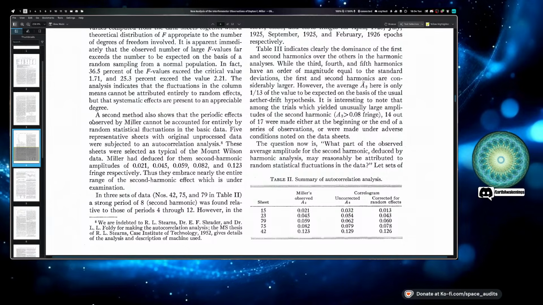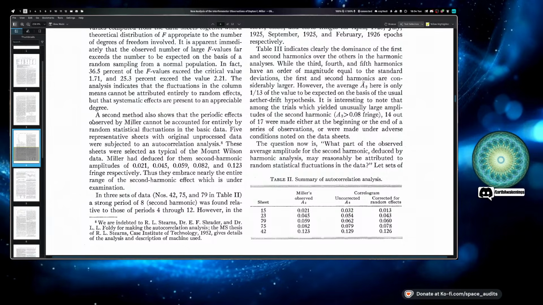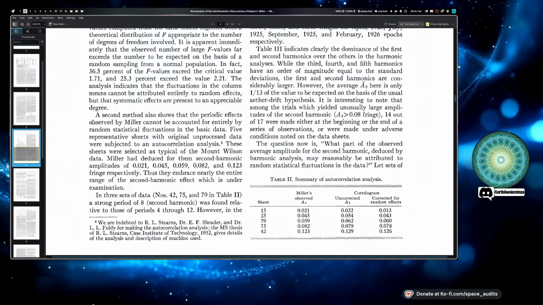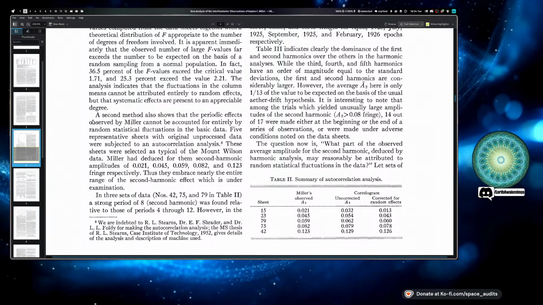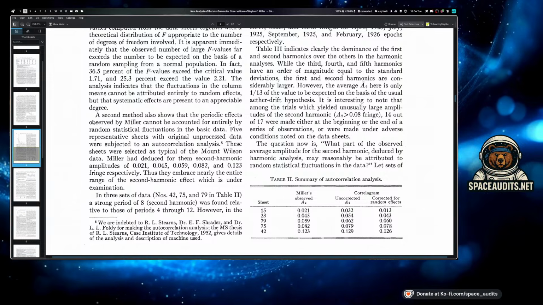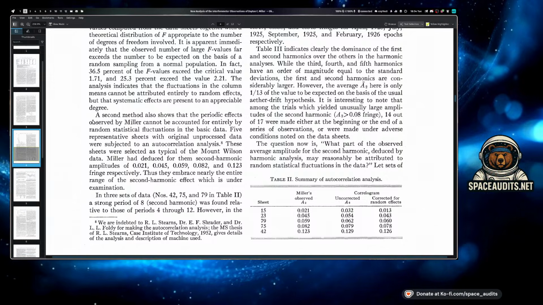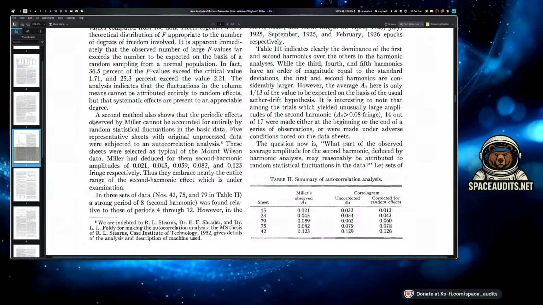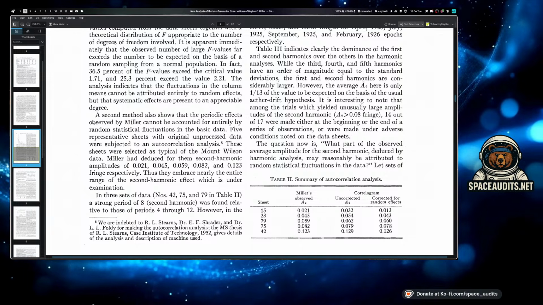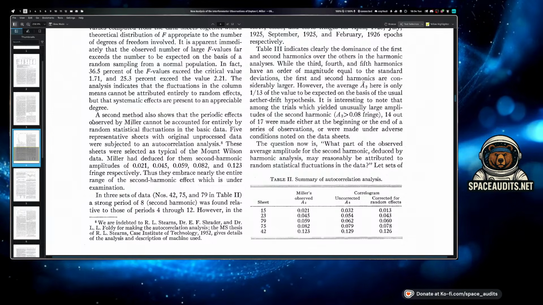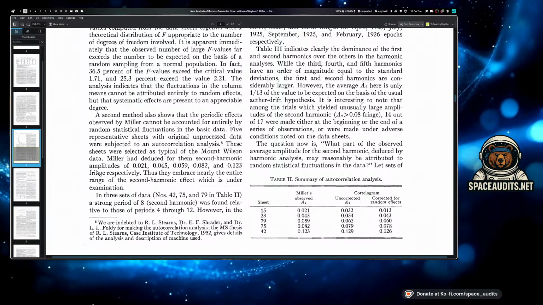Miller had deduced from them second harmonic amplitudes of 0.021, 0.045, 0.059, 0.082, and 0.123 fringes respectively. Thus they embrace nearly the entire range of the second harmonic effect under examination.